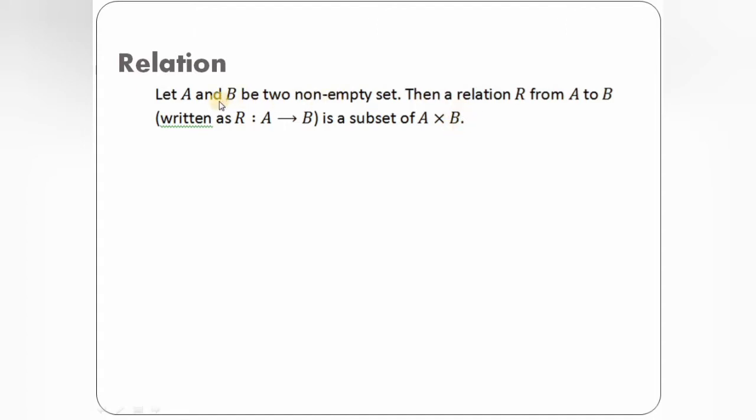Let me repeat once again. If A and B are two sets, then a relation R from A to B is a subset of A cross B.